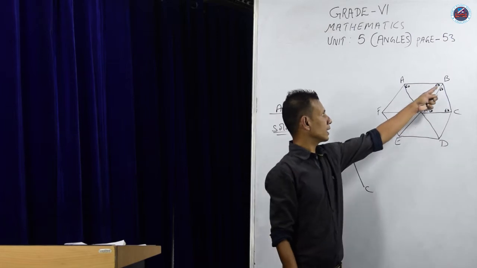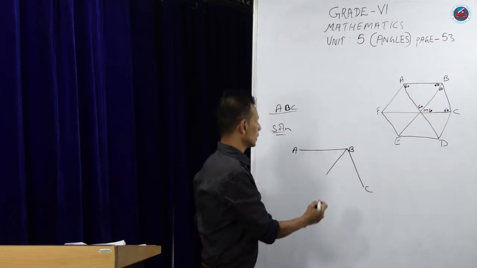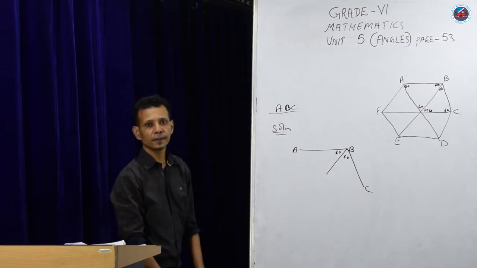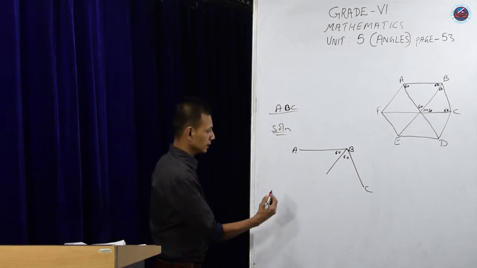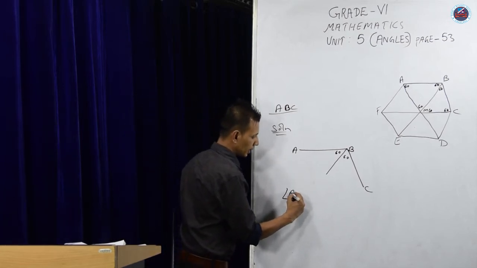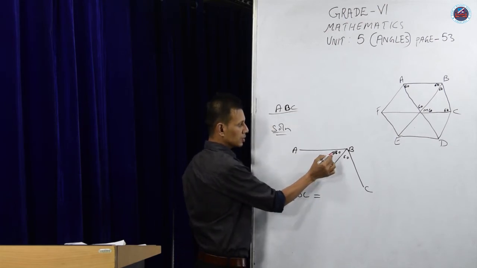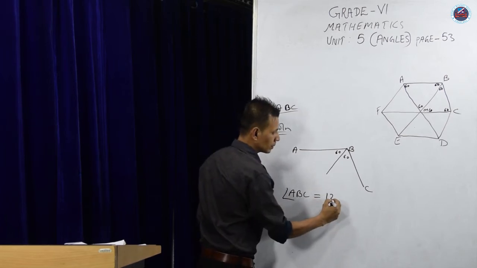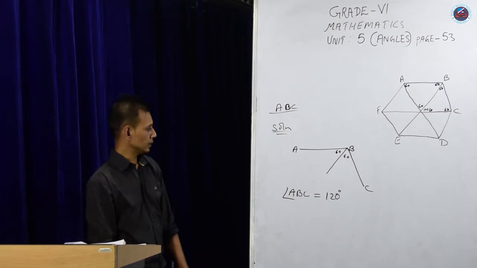You see that angle B has 60 here and 60 here. Now the measure of angle ABC will be 60 plus 60, 120. This is your answer. Got it?